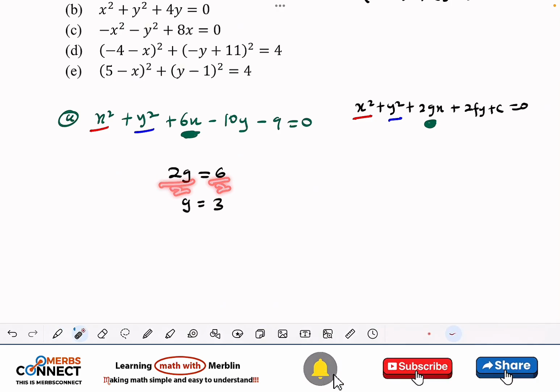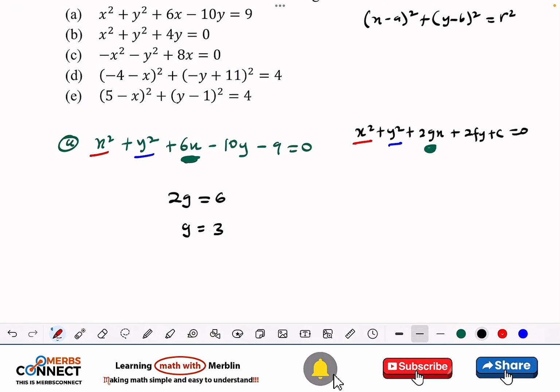Now let's look at the one with the red. The coefficient of y here is 2f and the coefficient of y here is negative 10. Divide through by 2 and you see that f is equal to minus 5.